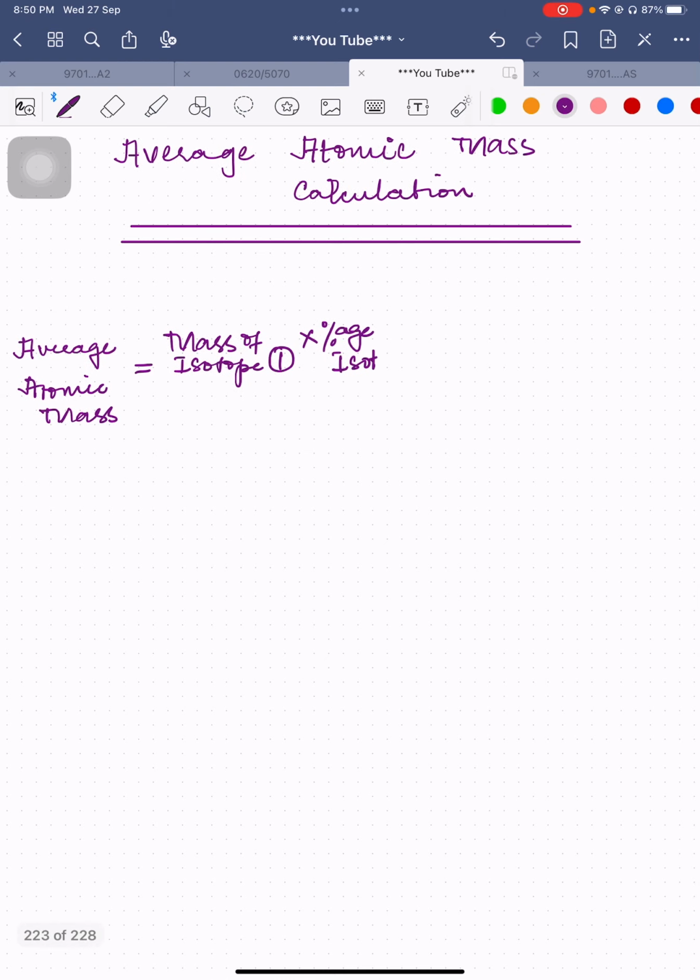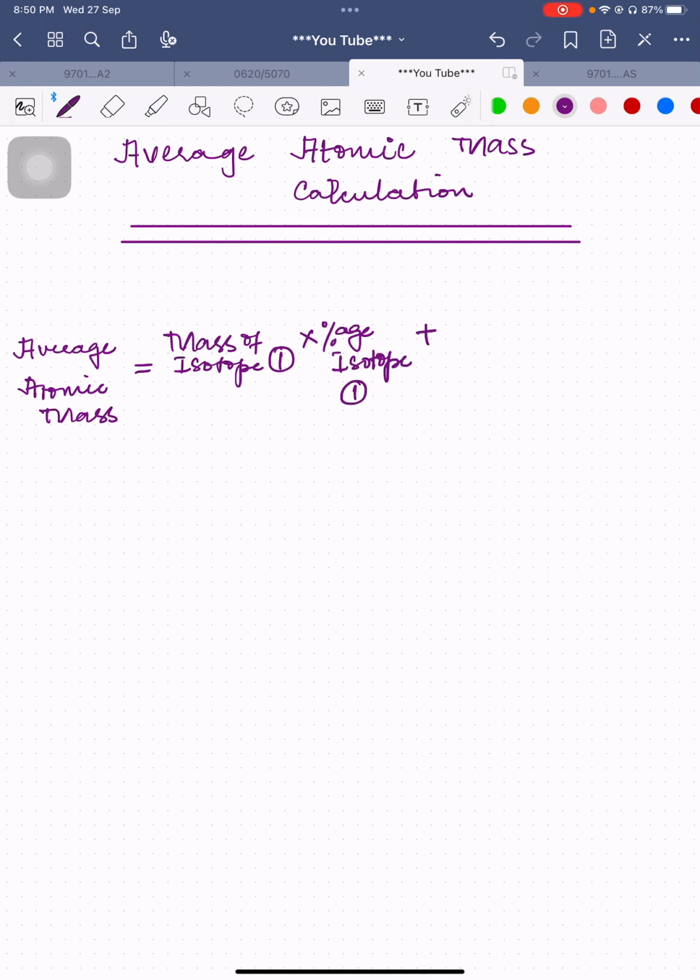There is a formula for this, and that is: average atomic mass is equal to mass of isotope number 1 multiplied by percentage of isotope number 1. You may say abundance. So I'm going to write this as well.